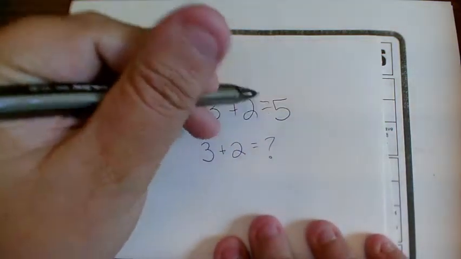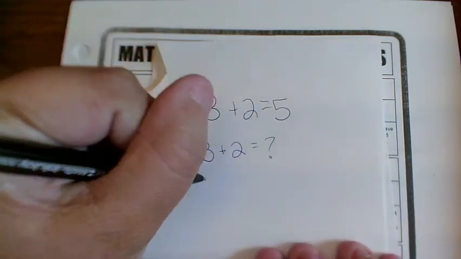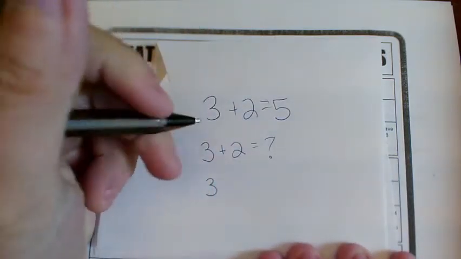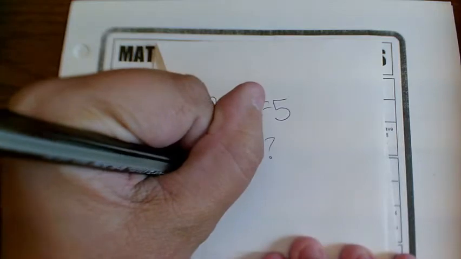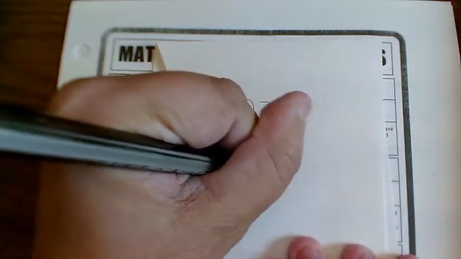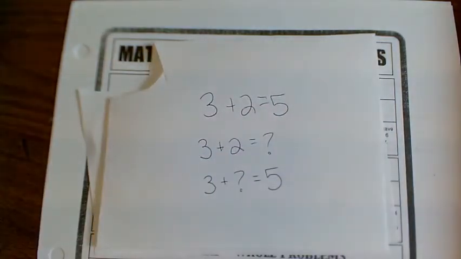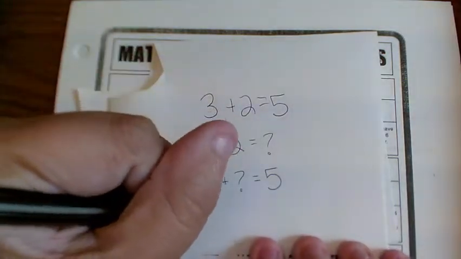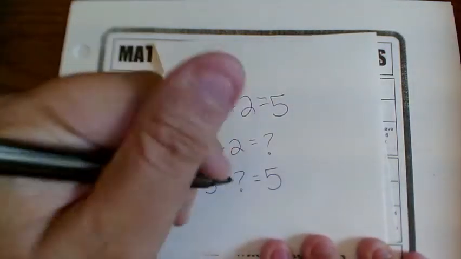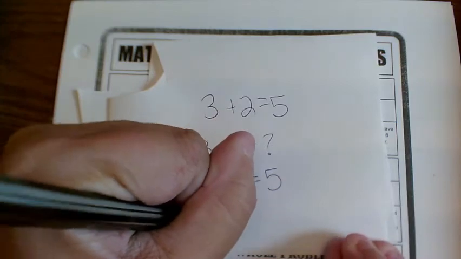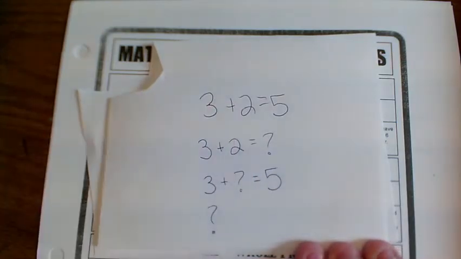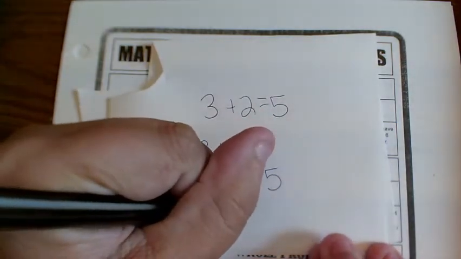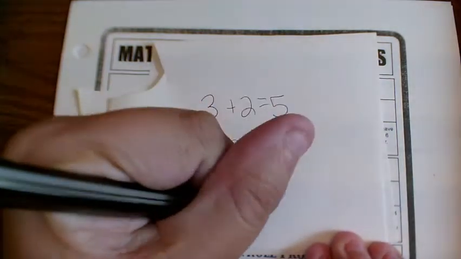Or I could take the same fact family and say, I have 3 apples, I got some more. If I have 5 total, how many more did I get? So in this case, we have the 2 quantity missing. And then finally, I could give a situation where I say, I have some number of apples to start with. I get 2 more from a friend.